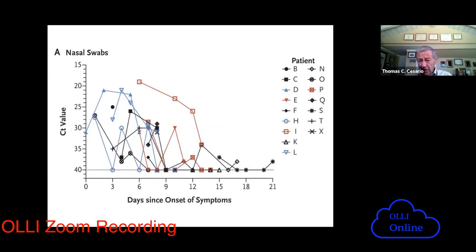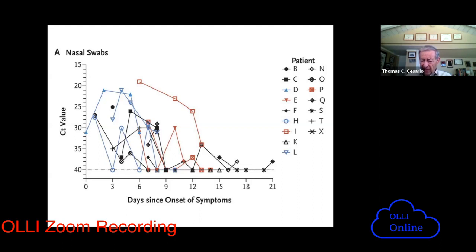So most of our studies are based upon that type of analysis, looking for the viral RNA. But what we have found from those studies is that the peak time of infectivity is from just before you got sick to a few days after you got sick. And that's what you can see here, the slide of all the different people falls off pretty quickly about day 6 or 7.